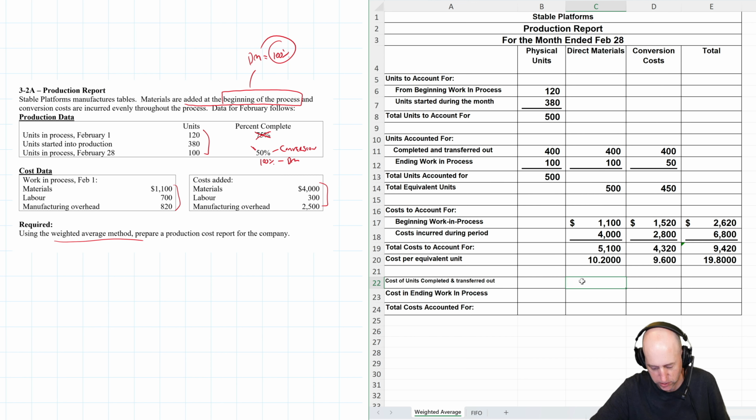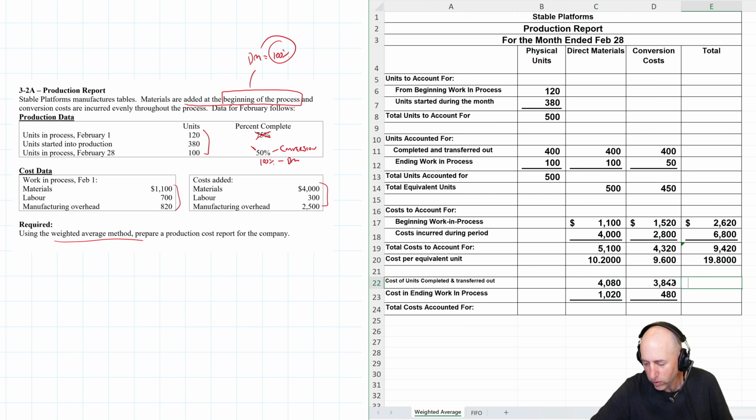Cost of units completed and transferred out. I take my cost, 10.2, times completed and transferred out, 400. Take my cost, 9.6, times completed and transferred out, 400. Cost in ending WIP. Take my cost, 10.2, multiply by ending WIP units, 100. Take my cost, 9.6 for conversion, multiply by 50, my ending WIP.